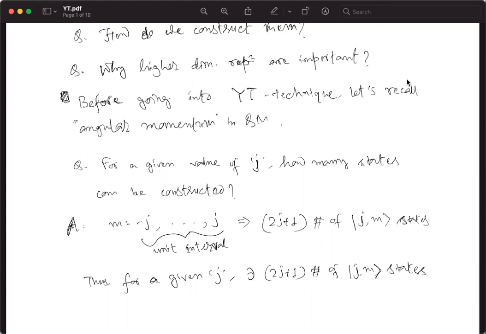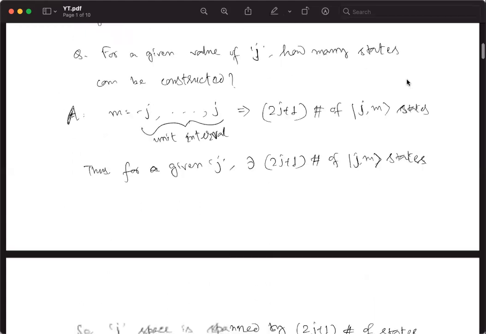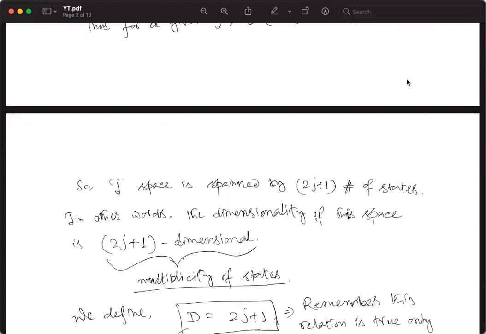But in both cases, for a given J, there are 2J plus 1 states between minus J and plus J. So for a given J, the space is spanned by 2J plus 1 states, and the dimensionality of that space is 2J plus 1.